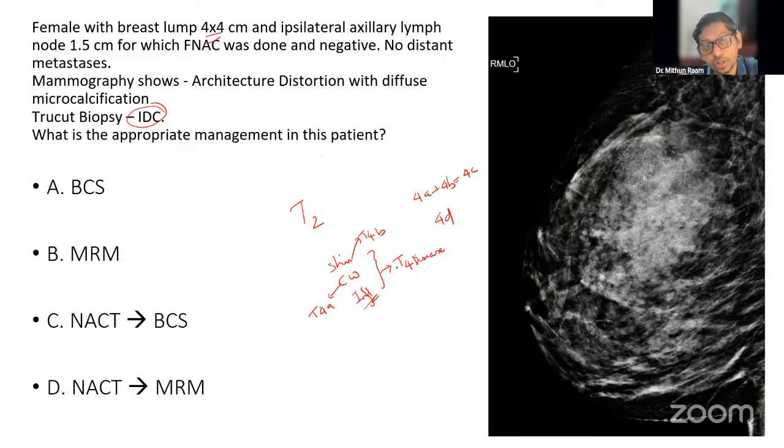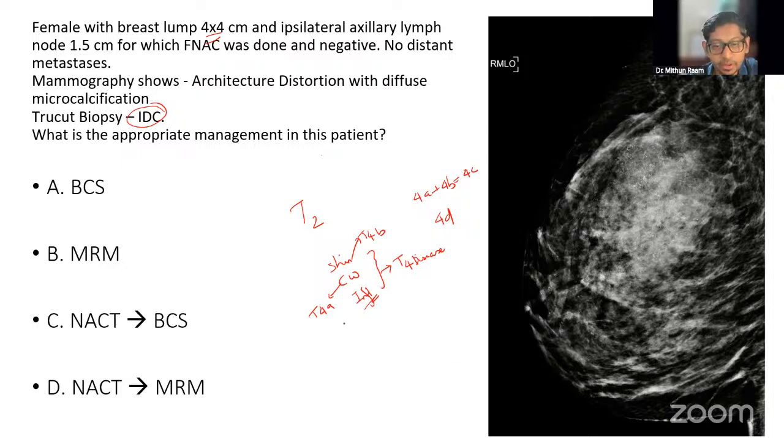So when do we call something inflammatory carcinoma? It is when at least one third of the breast is involved and there are signs of inflammation, and usually the duration of illness is protracted, less than 6 months, involving more than one third of the breast. So that is inflammatory carcinoma.